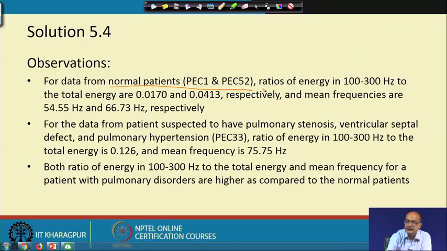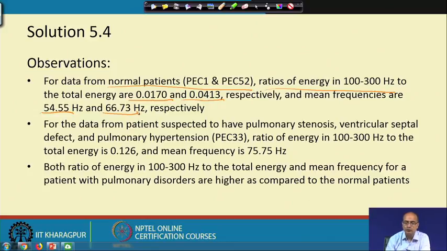We get the ratio of the energy between 100 and 300 hertz as 0.017 and 0.0413, that is 1.7% and 4.13%, and the mean frequencies are 54.55 and 66.73. So, among the normal patients, there is some variation, it is not always remaining the same.